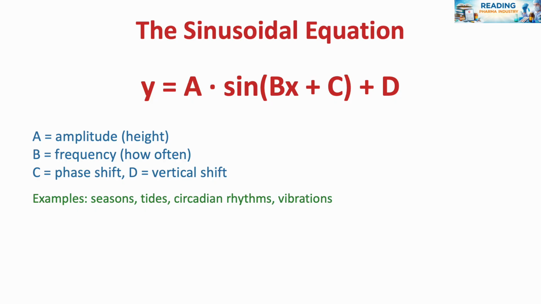C is the phase shift, and D is the vertical offset. To give you examples, some very common ones are the seasons changing, like winter, summer, spring. I'll show you some examples later on. Tides, circadian rhythm, and vibrations.